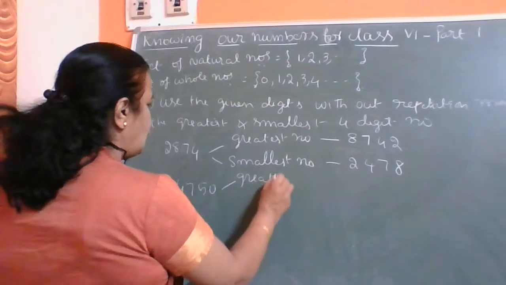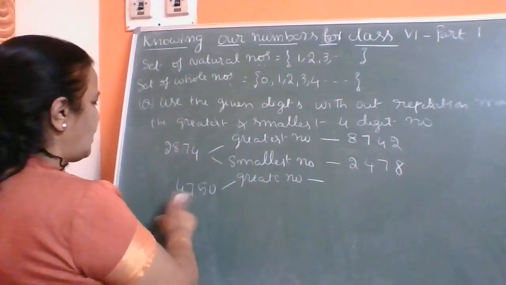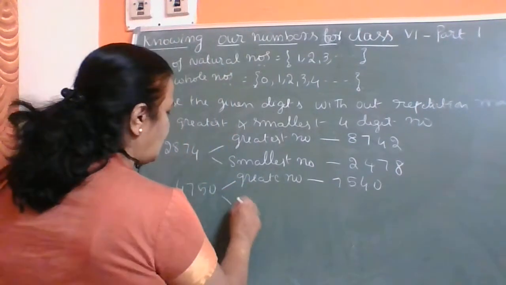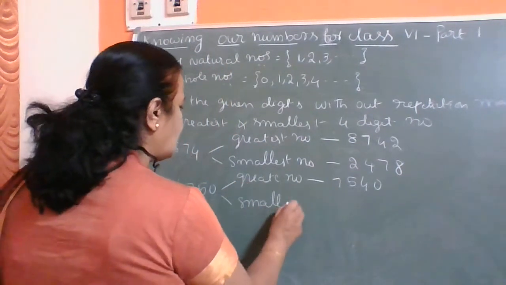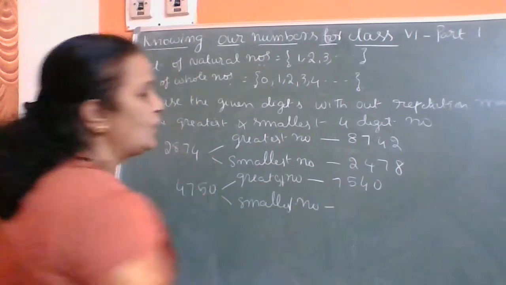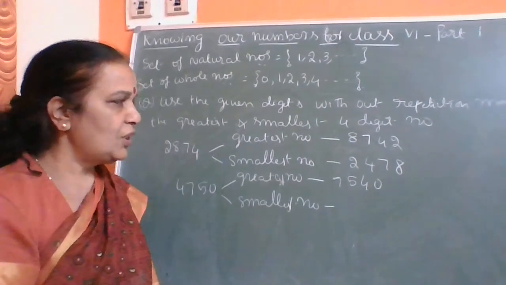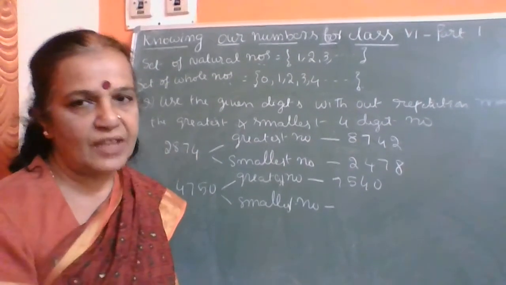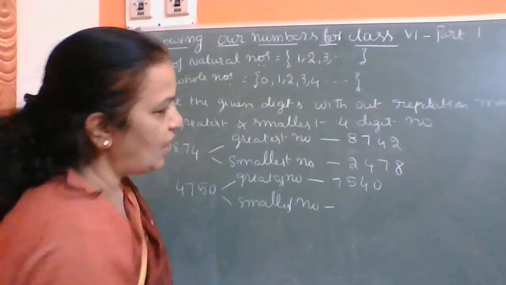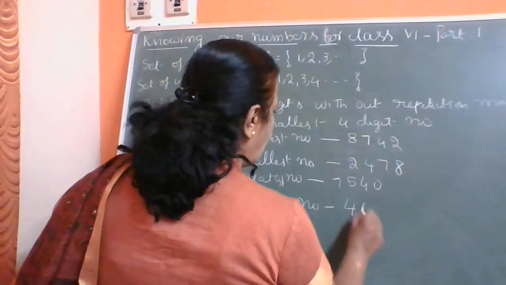Here using these digits, the greatest number is 7540, and the smallest number cannot start with 0. If the number starts with 0, then it will become a 3-digit number. We have to make a 4-digit number, therefore it is 4057.